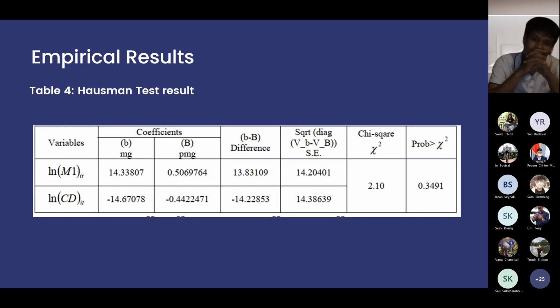This study found that the Hausman statistic, which uses the chi-square test, is the most suitable one, and the result is 2.1. Therefore, it is concluded that it is the most efficient estimator under the null hypothesis, and the Pooled Mean Group estimator is the most appropriate model. So moving on to the next presenter.